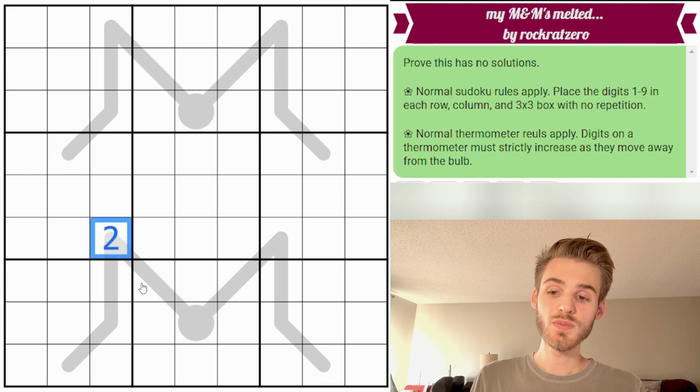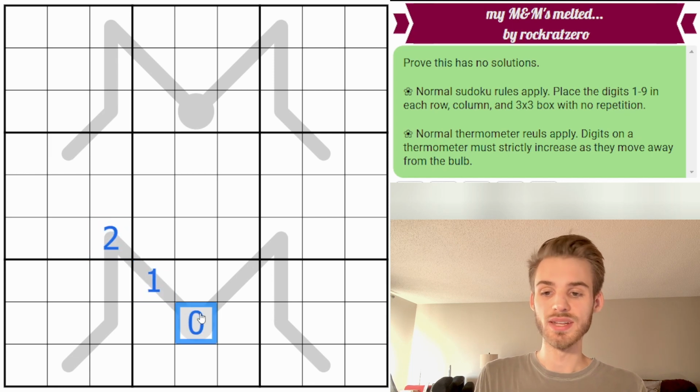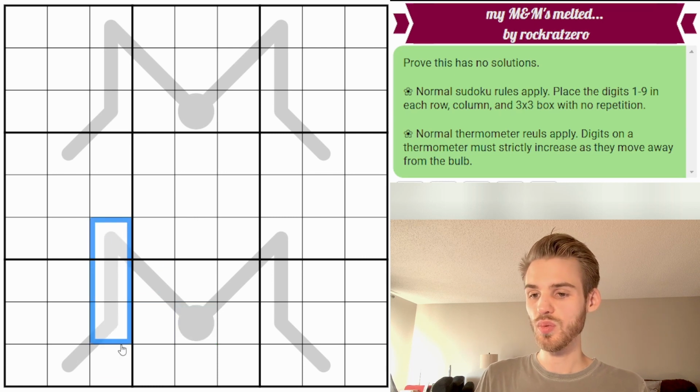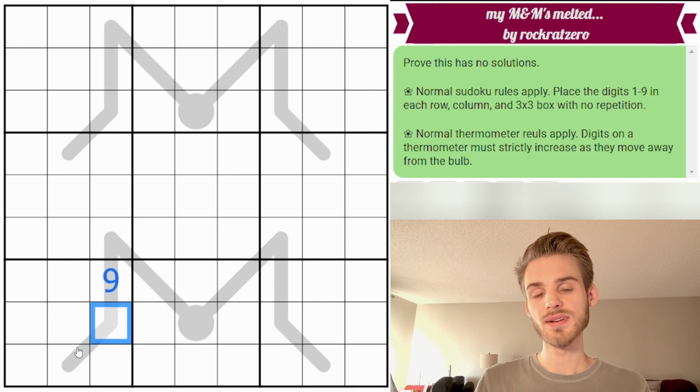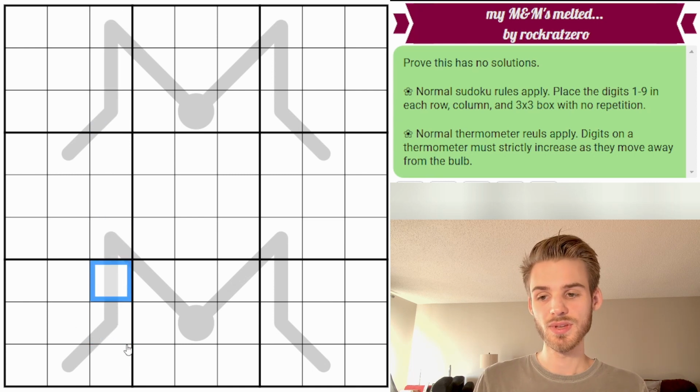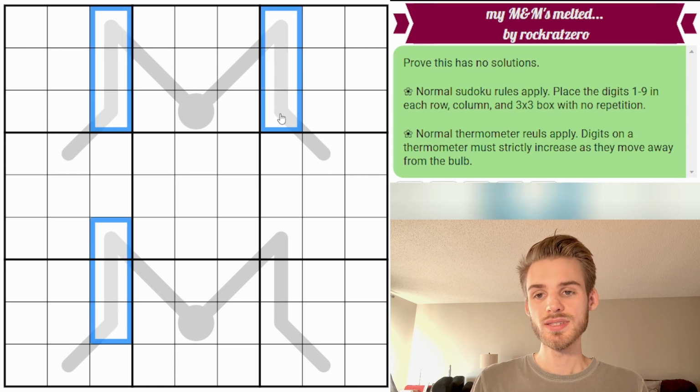And I can't even put a 2, because then I would have to have 1 and 0. So I can't put 1s or 2s in any of these cells. And I can't put 9s in any of these cells, because then I would need a digit greater than 9 in the next cell. So then these 6 cells in both columns cannot be 1, 2, or 9.